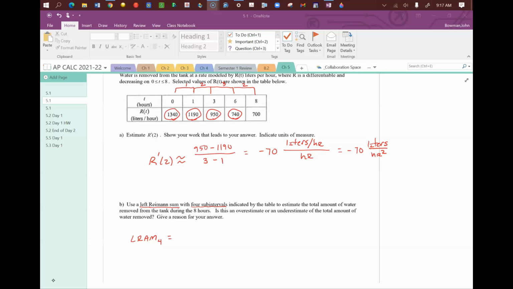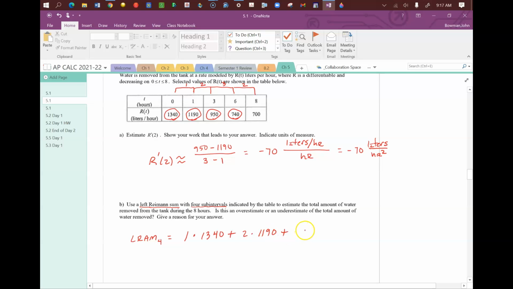All right, so here we go. The first rectangle would be 1 unit wide times a height of 1,340. The second rectangle would be 2 units wide times a height of 1,190.